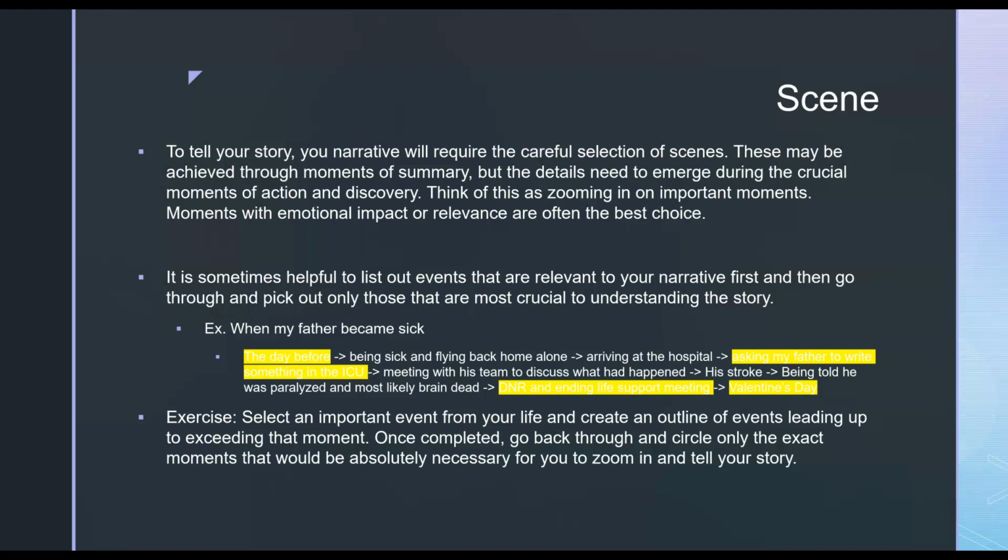Something that I like to do, this is just a trick that I found along the way that works really well to help me organize where my writing will go, because sometimes I do like to pre-plan. When I have a story idea, or an essay idea, I think about, okay, what was the chain of events?